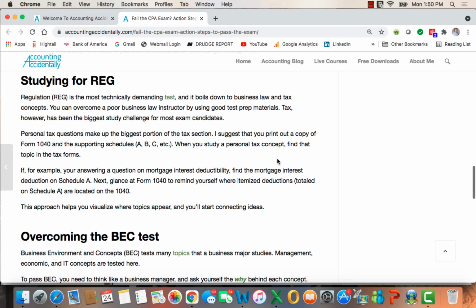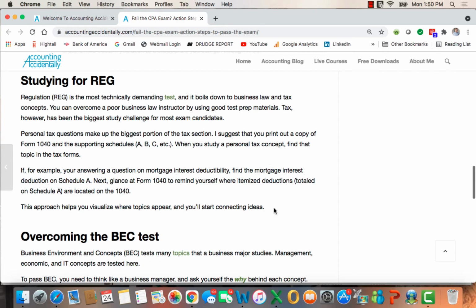So my suggestion here is you print out a copy of Form 1040, the personal return, and the supporting schedules: Schedule A for itemized deductions, B for interest and dividends, etc. And when you study a personal tax concept, find that concept on the tax forms.